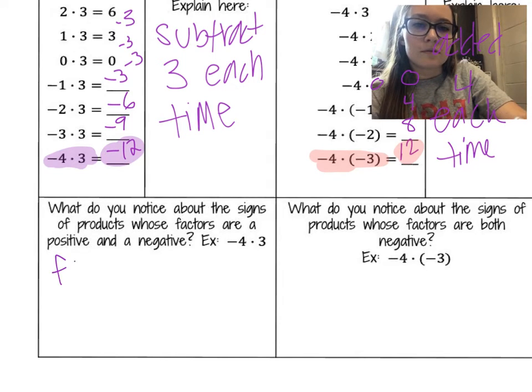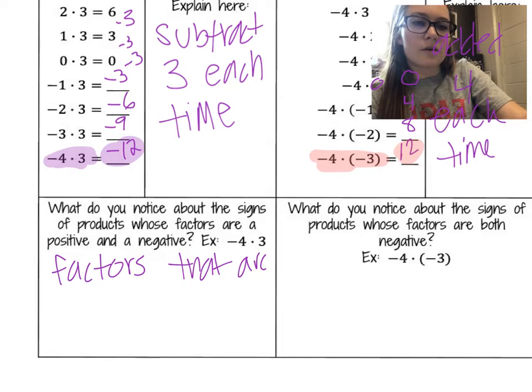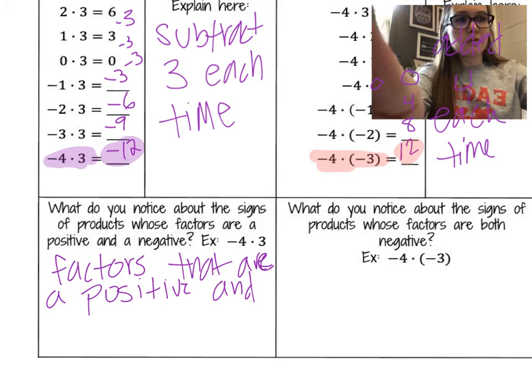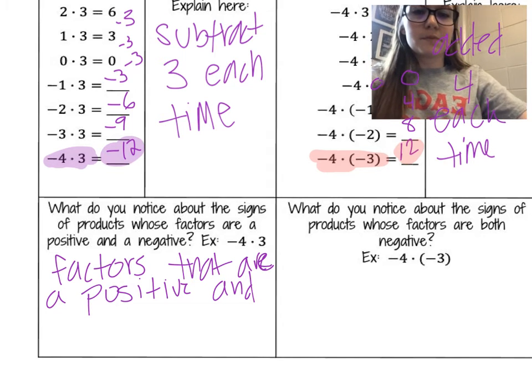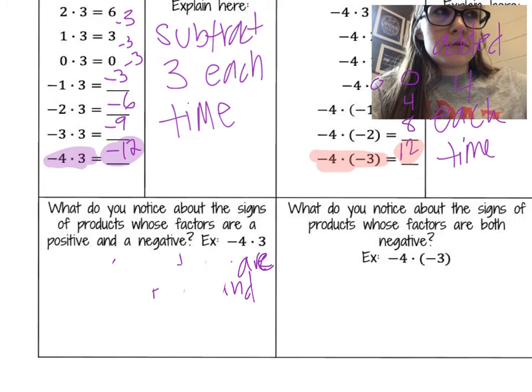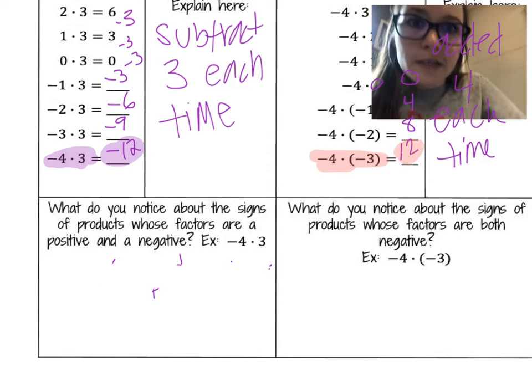So, factors that are a positive and a negative. I'm going to try to get better at writing. This is not going awesome. Okay, factors that are a positive and a negative. I'm just going to get up close and personal.